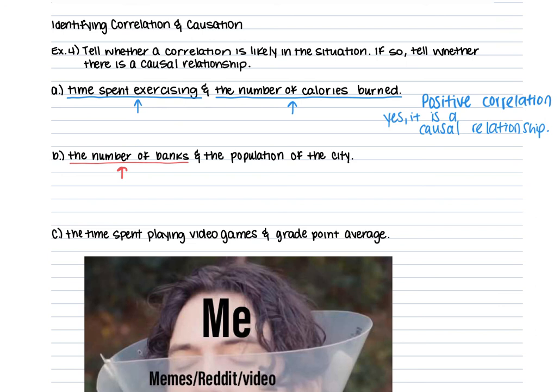Yeah. Think of New York City. Are there a lot of people in New York City? Yeah. Do you think there's a lot of banks in New York City? Absolutely. Now, think of a small town in South Dakota. Do you think a small town in South Dakota has a lot of banks there? Probably not. So I would say these definitely have a positive correlation, because if you have more people, you have more banks.